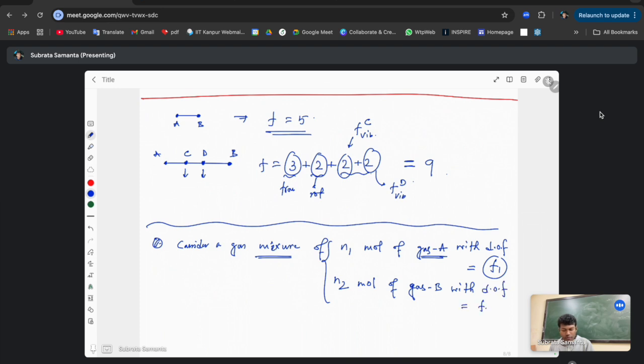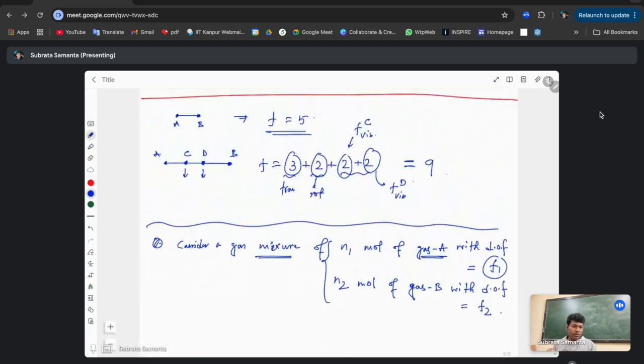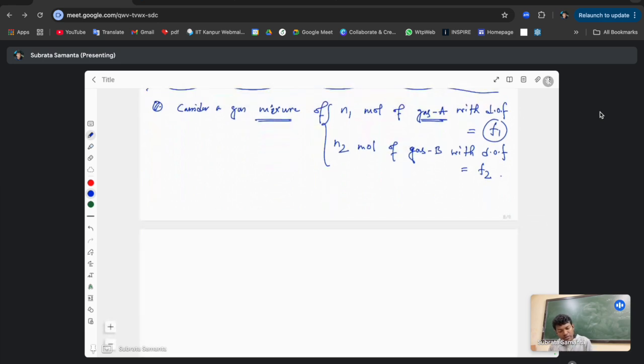Now I want to compute the degree of freedom of this gas mixture. So this is the question: what is the degree of freedom of this gas mixture?